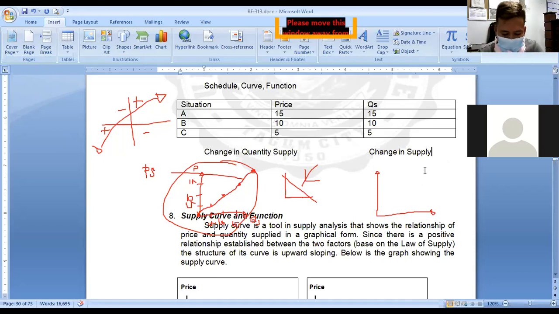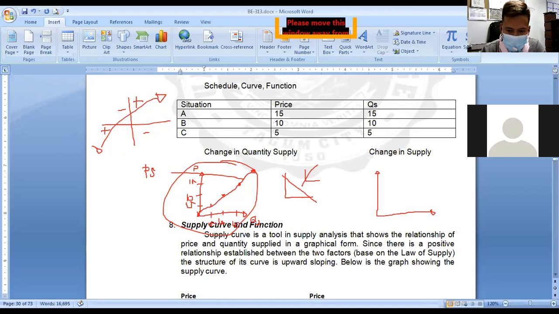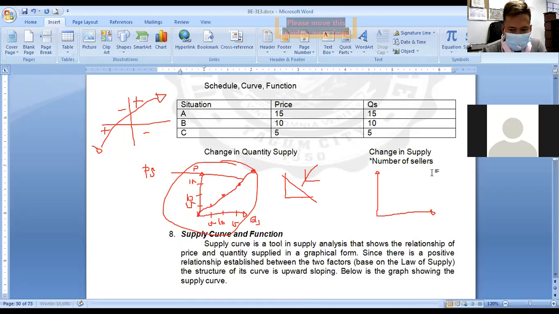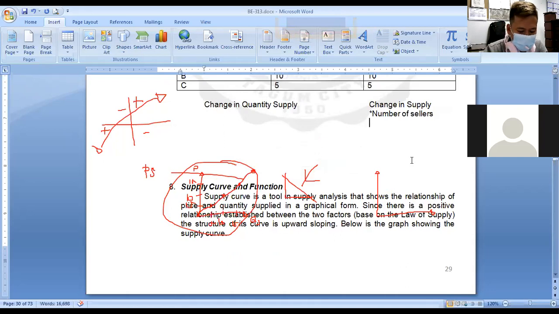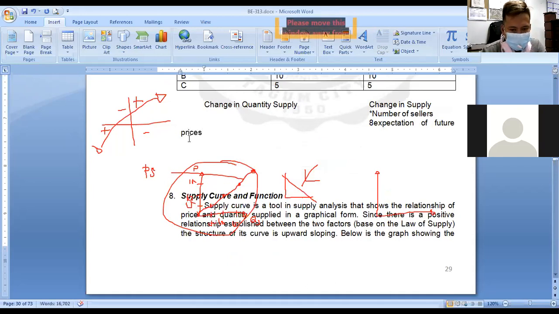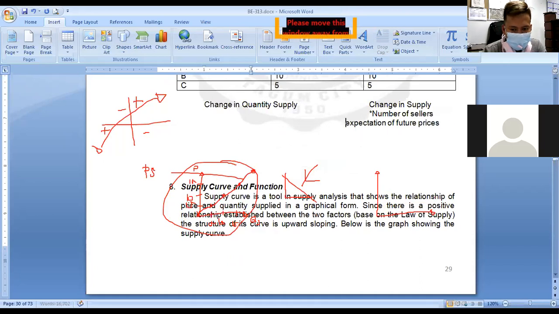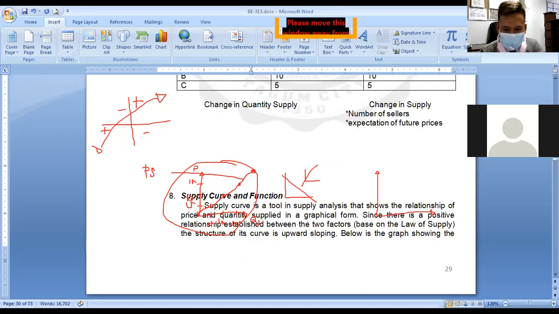Let me try to remember the other non-price determinants, class. Number of sellers, expectation of future prices. Is it okay with you, class, or are you tired of me going ahead?